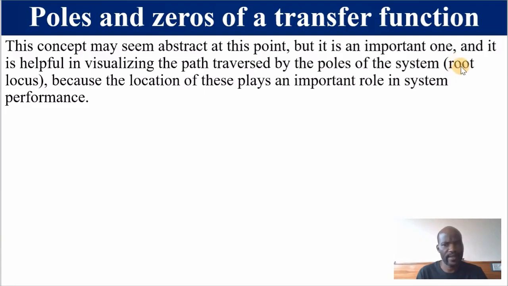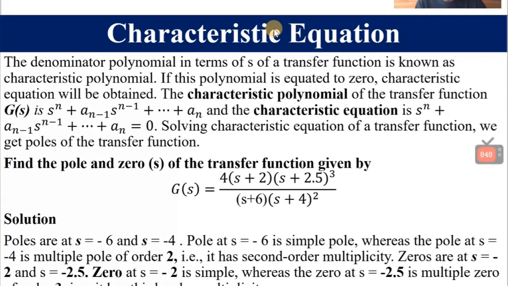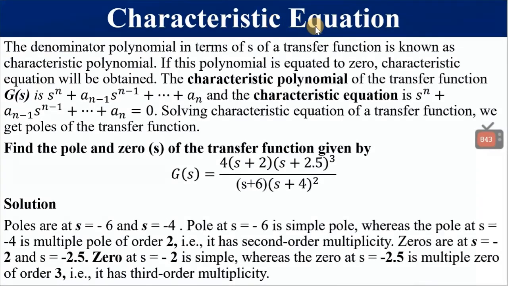So the root locus shows the path that is traversed by the poles of the control system. The location of these plays an important role in the performance of our system. So don't worry. We're now going to have a look at the characteristic equation.